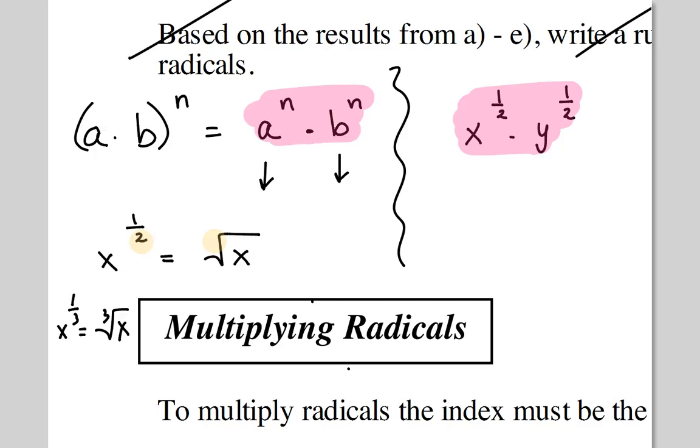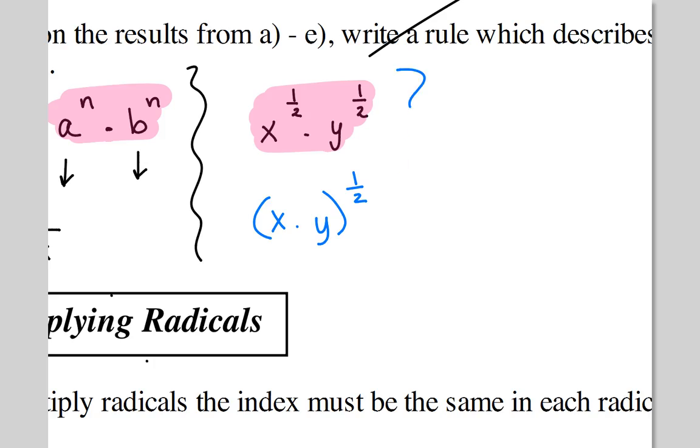So it should be equal to this, right? So we'd write x times y all to the power 1/2, right? So all it's saying is that if you had a root x and a root y, what can we do? Smush them together. I think you guys already knew that, didn't you?